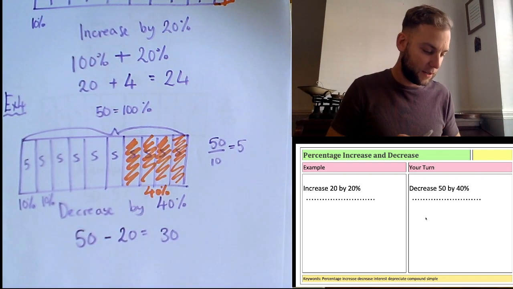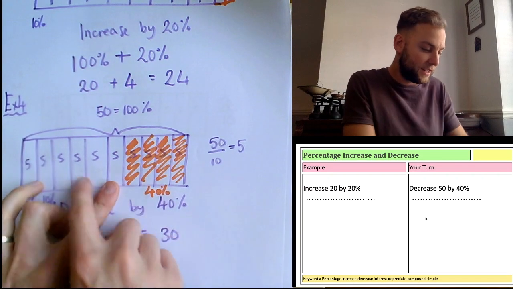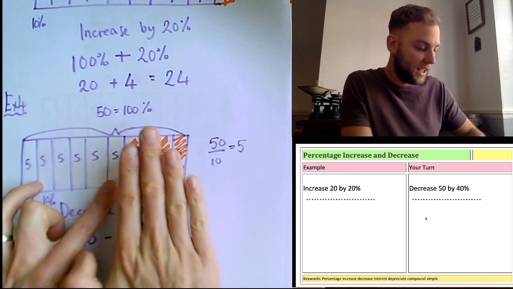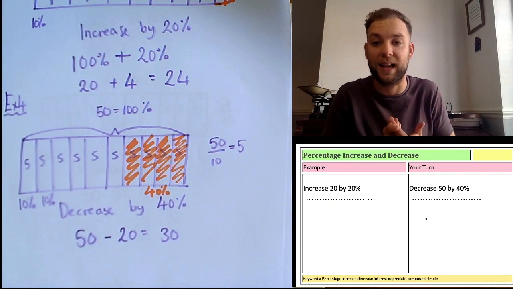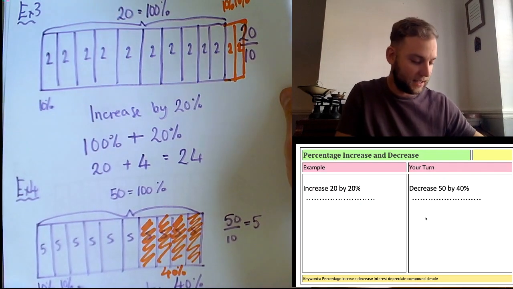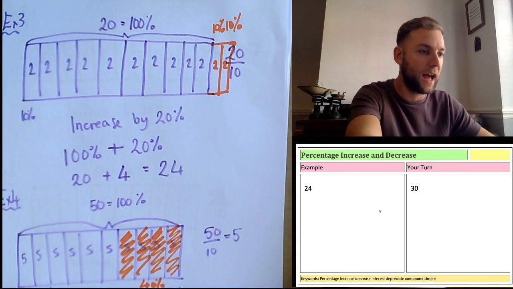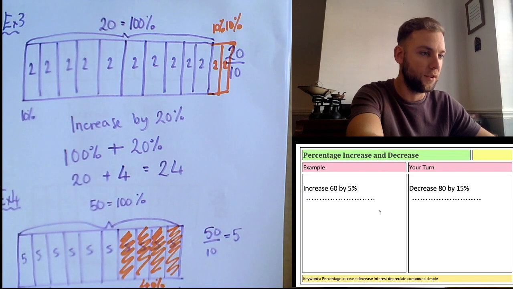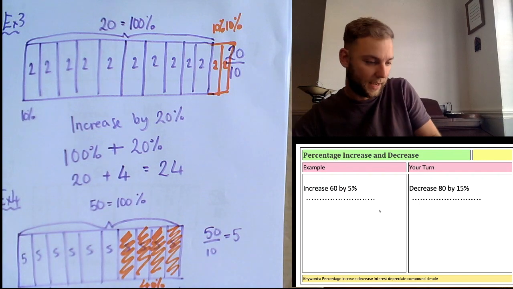This makes sense anyway, because we've got here 5, 10, 15, 20, 25, 30, which is the same, isn't it? We're doing 50, take away this part here, which is the 30. So it's just a way of visually representing this. Okay, so we've done an increase, we've done a decrease. Let's have a go now at a trickier one, when we're looking at the 5% and things like that.